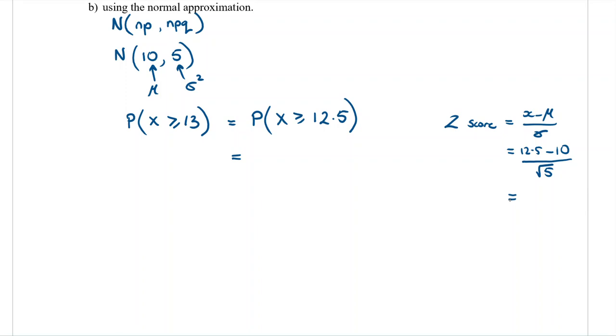Okay, you type that in your calculator, and you should get 1.12. However, in our table that we have, if you look back a page, all of those decimal numbers are rounded to 2 decimal places for that table. So I can only do 2 decimal places. Okay, so a score of x being greater than 12.5 is the same as a z score of greater than 1.12. Approximately. This is an approximate, so you could put an approximately equal to sign on there.